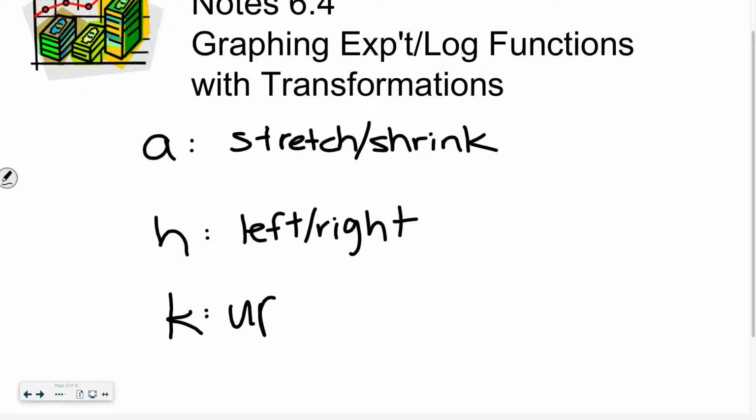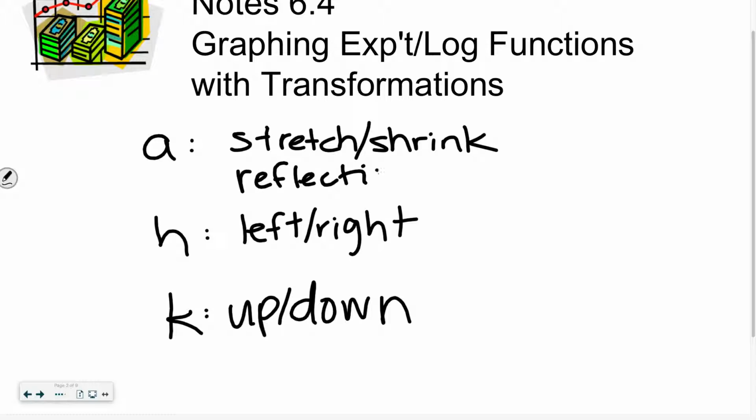Do you remember any other transformation that we can apply to graphs? Yes, a few people said reflection, and that is a negative A. Again, A would determine what type of reflection you have.